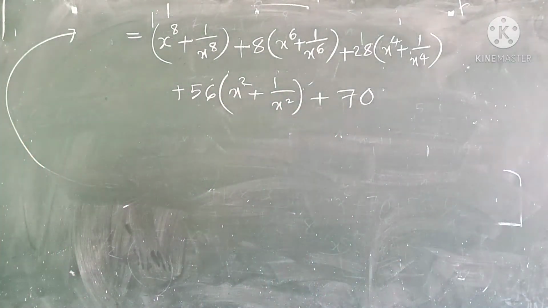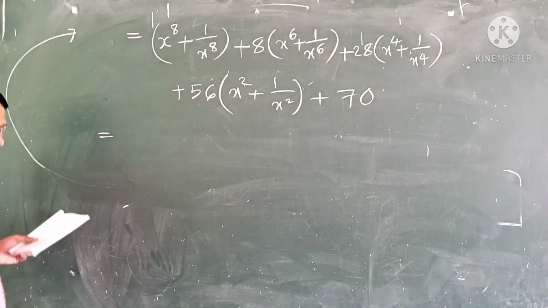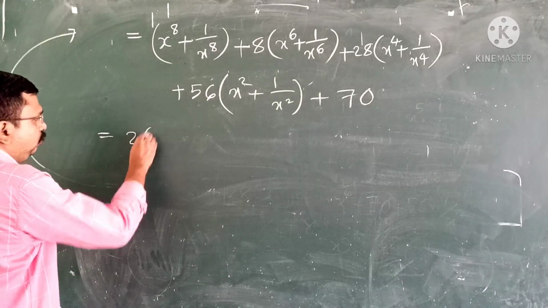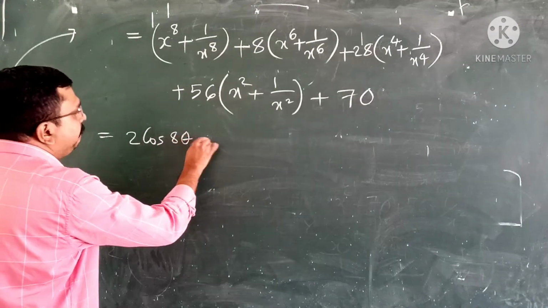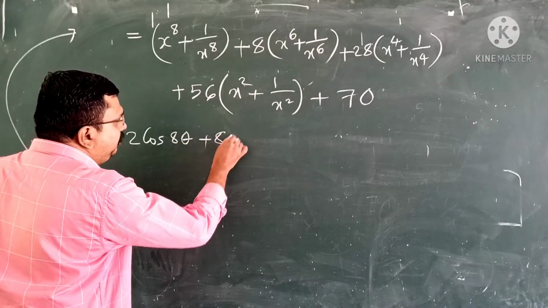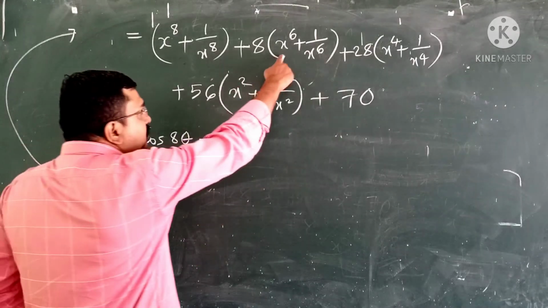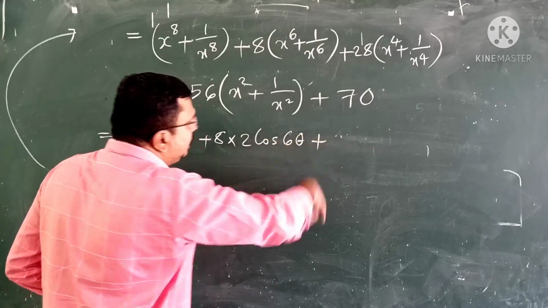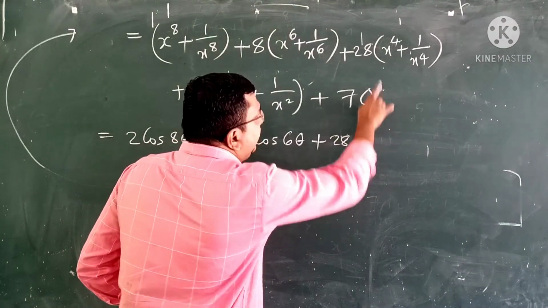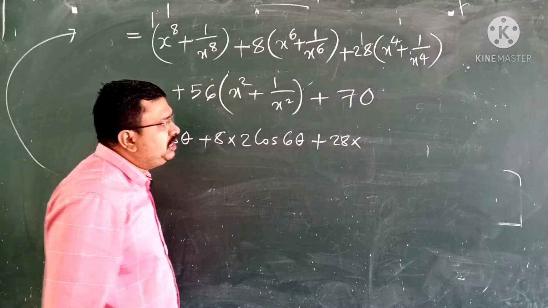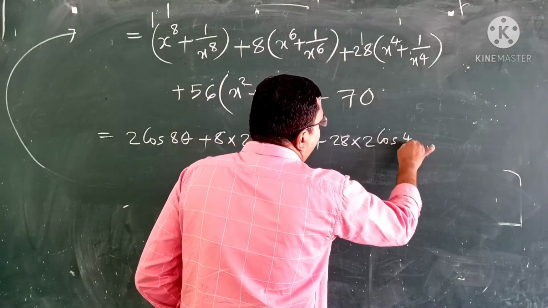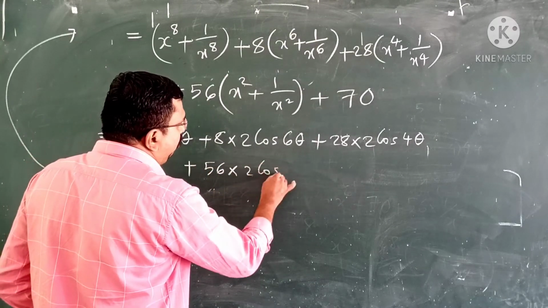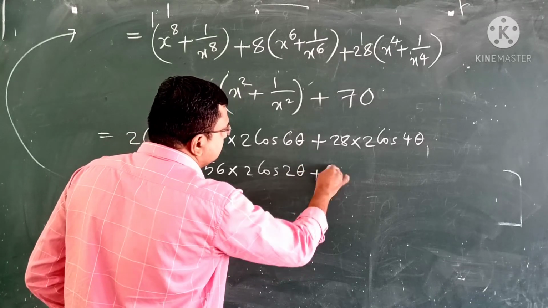This is equal to x raised to 8 plus 1 by x raised to 8, which is 2 cos 8 theta, plus 8 into (x raised to 6 plus 1 by x raised to 6), which is 2 cos 6 theta, plus 28 into (x raised to 4 plus 1 by x raised to 4), which is 2 cos 4 theta, plus 56 into 2 cos 2 theta, plus 70.